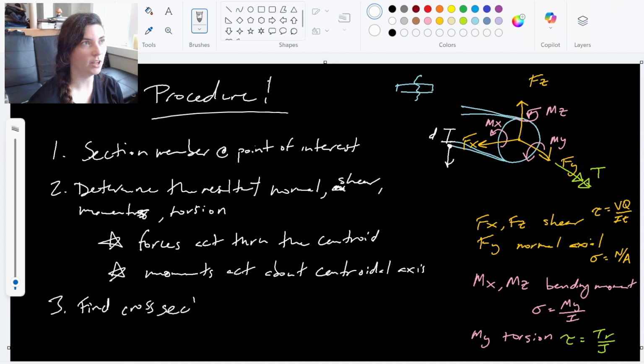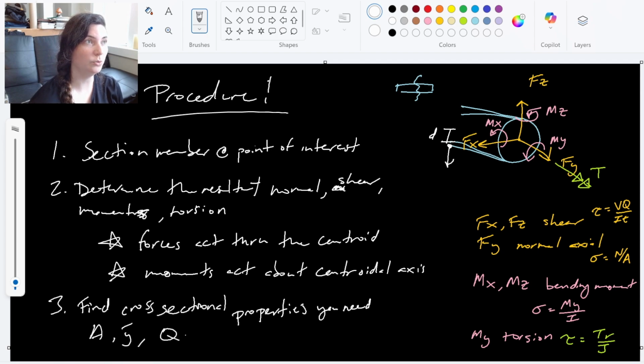So find cross-sectional properties, I guess I'll call them. Find the cross-sectional properties that you need. So this could be area, this could be the centroid itself if you're given some kind of odd shape and you don't know where the centroid is, where the centroidal axis is.